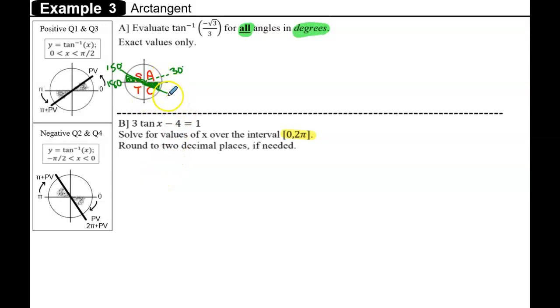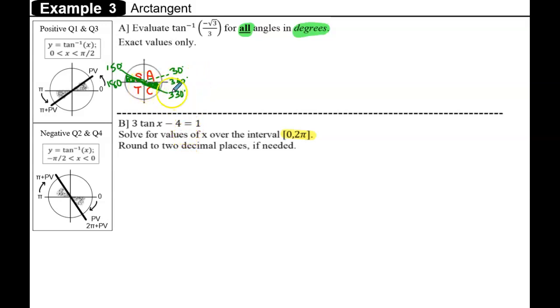Then to get into quadrant 4, we're going to be starting at 360, which is one full revolution around the circle, and going backwards or clockwise, we subtract to get 330 degrees in quadrant 4.